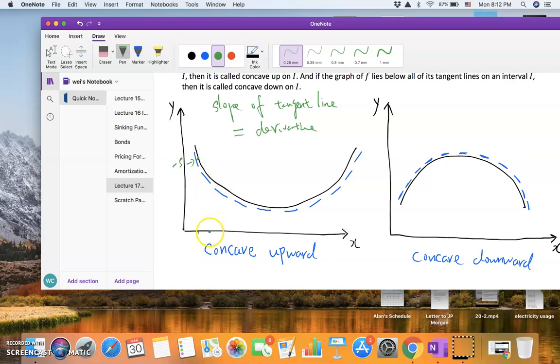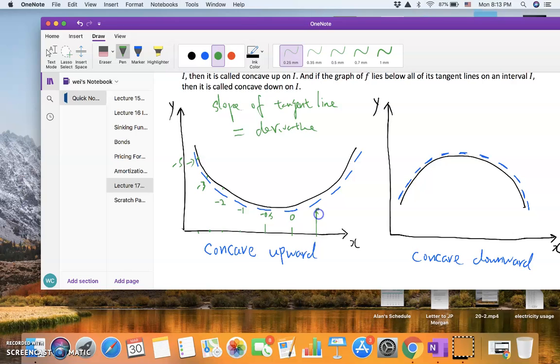For this point, the slope of the tangent line is still negative, but it is greater than this one. Let's say it's -3. For this one, the slope may be -2, and for this one -1, and this probably -0.5. And this one, the tangent line is horizontal, so the slope is 0.